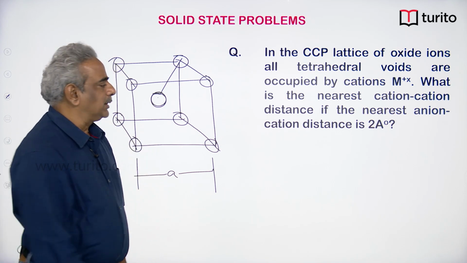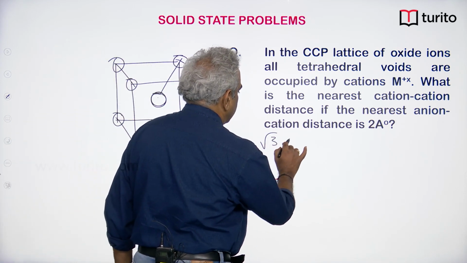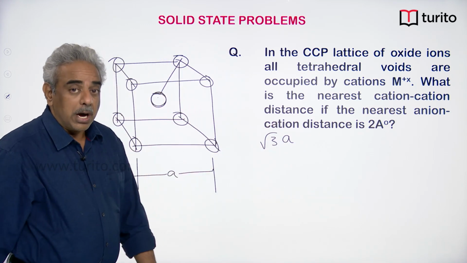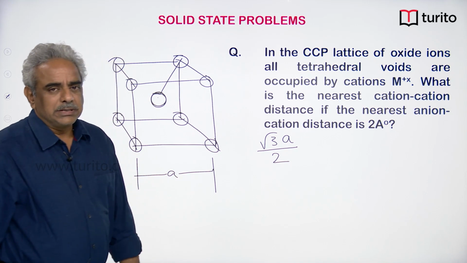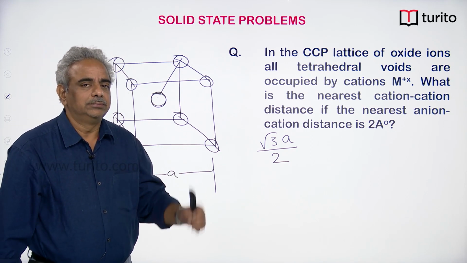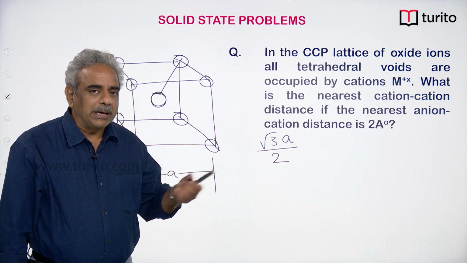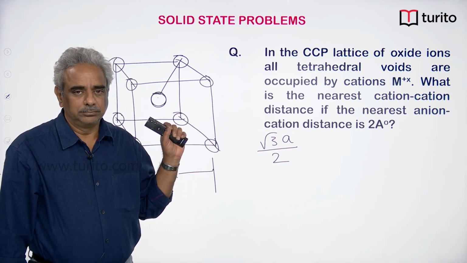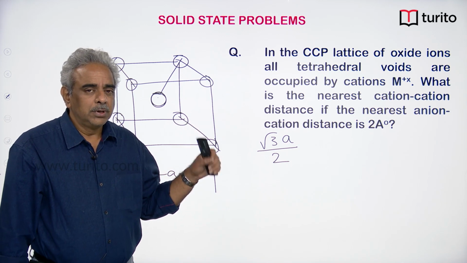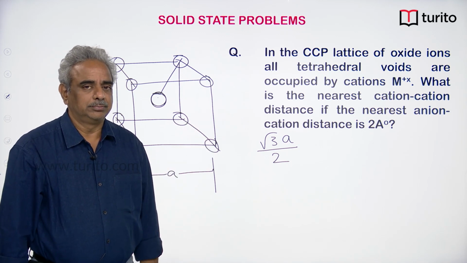So, the body diagonal length is root 3 A, half of it, root 3 A by 2, that is the first nearest interatomic distance in any BCC unit cell made of identical spheres.